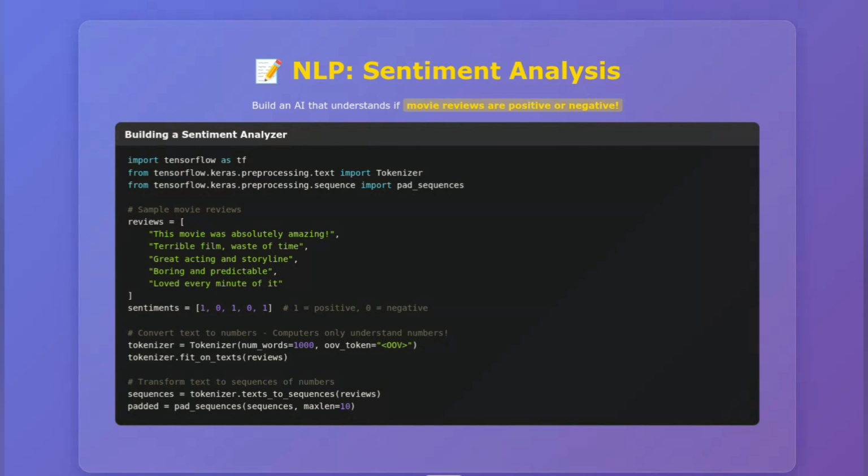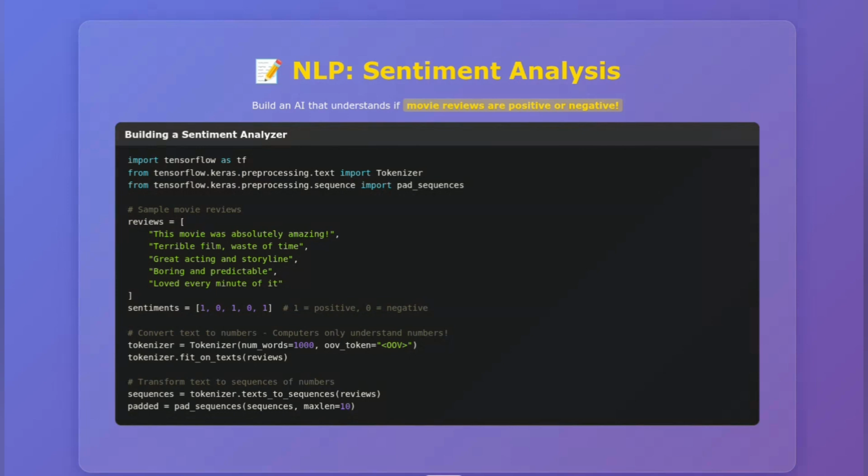Any word we haven't seen gets this special token. Fit on texts.reviews, this tokenizer reads all our reviews and creates a vocabulary dictionary. Word amazing might become number 15, terrible might become 8, etc. Text to sequences converts our text reviews into lists of numbers.